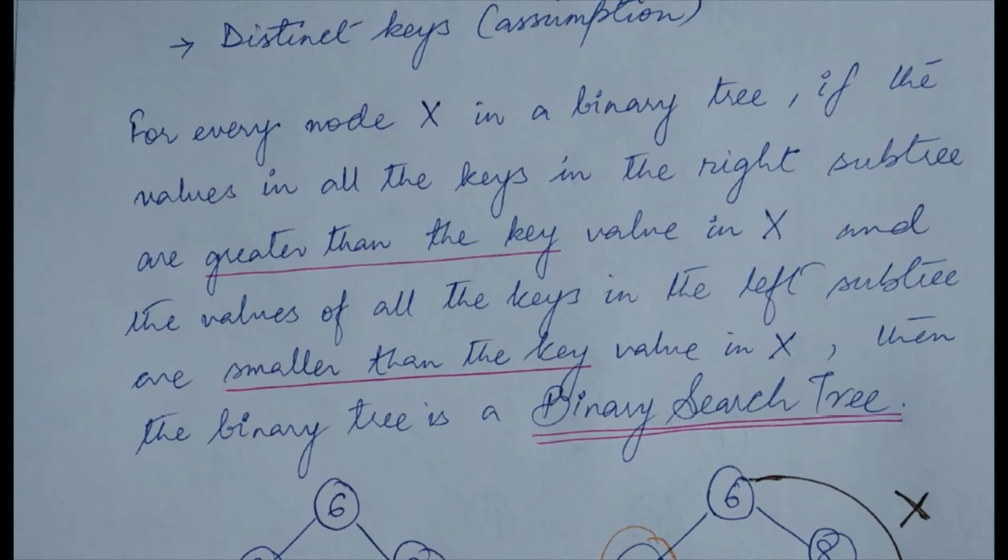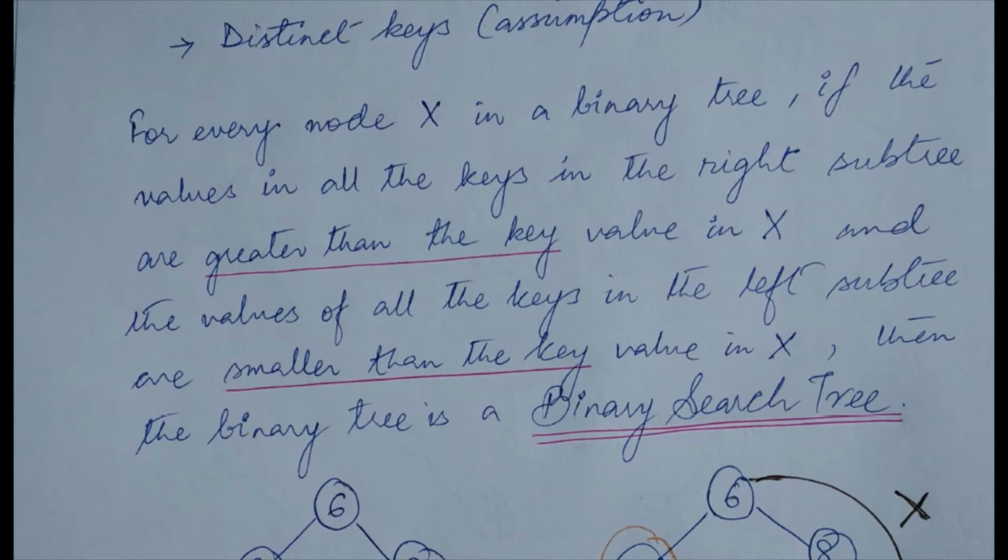So what is a binary search tree? It is a binary tree, so every node can have at the most 0, 1 or 2 children. How are the values arranged in the tree?